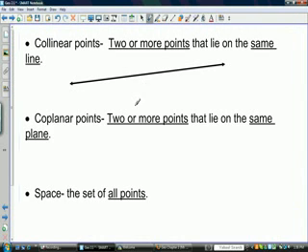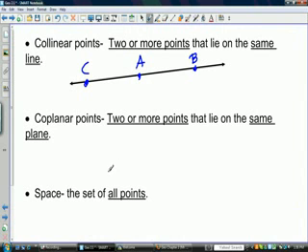Wonderful. So collinear points, we could have three points on the same line: C, A, B. Those three points are collinear points. A and B are collinear, A and C are collinear. All you need is two to be collinear.